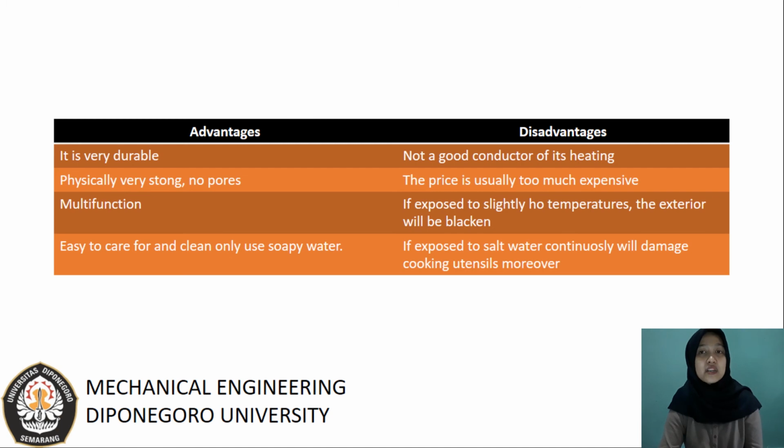And now the disadvantages. It is not a good conductor of heat, the price of stainless steel is very expensive, if exposed to high temperatures it will blacken, and if exposed to salt water continuously, it will further damage the cooking utensils.